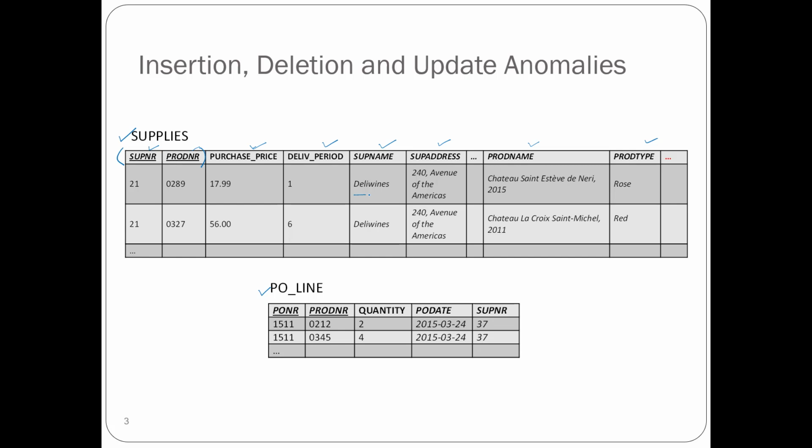Look over here: Daily Wines, that's the supplier name. Daily Wines again. And then we have the supplier address, which is appearing again. The product name is appearing again too. So before the discussion about the composite primary key, let's look at the relation and see if we have redundancies or not.